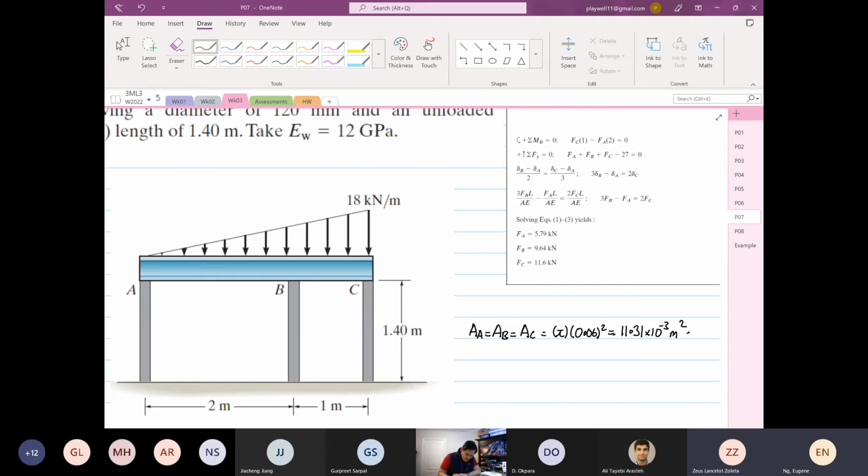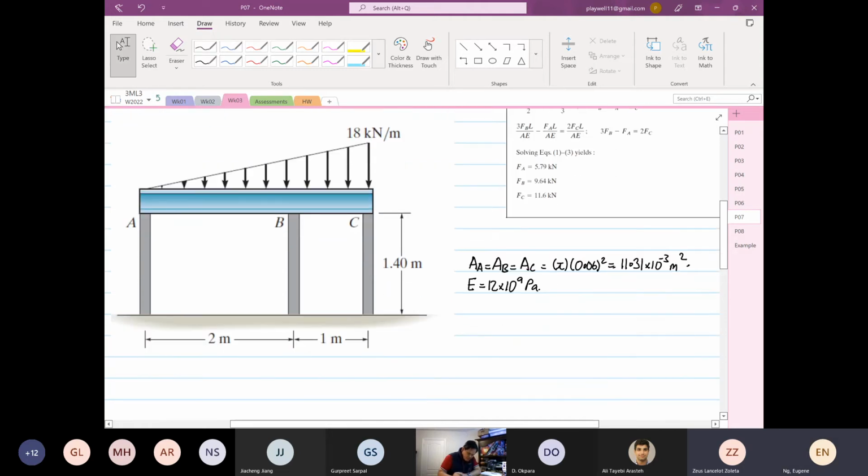Okay, so the next one, we know that the Young's modulus of the wood is 12 times 10 to the power 9 Pascal. So the next thing that we're going to draw is our free body diagram.